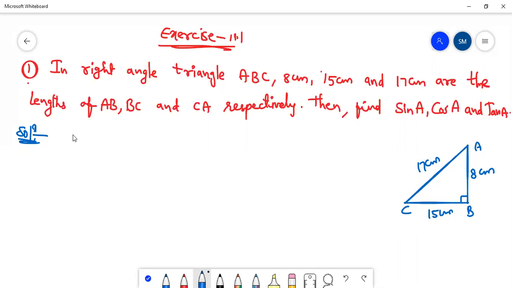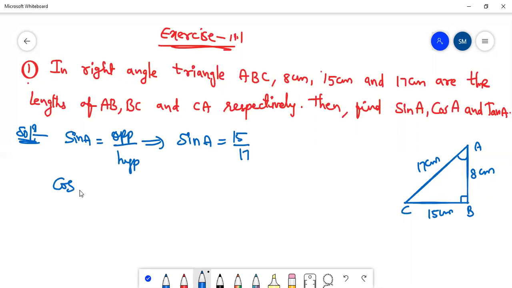Then find sine A. Sine A is equal to, this is the angle A, opposite by hypotenuse. That is, sine A is equal to 15 by 17.